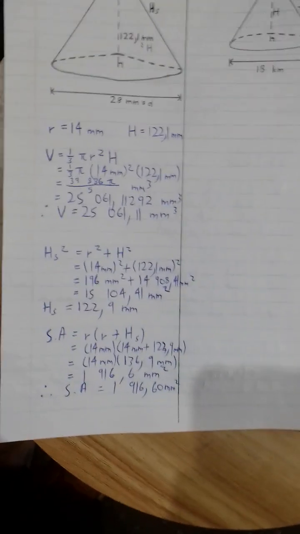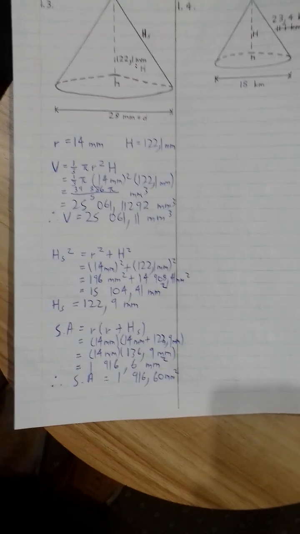Surface area is 1916.60 mm squared. I hope that is clear enough to 2 decimal places, right?